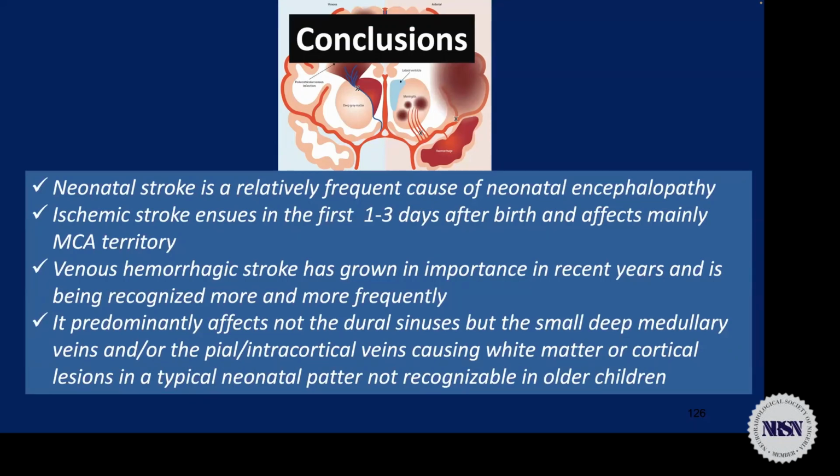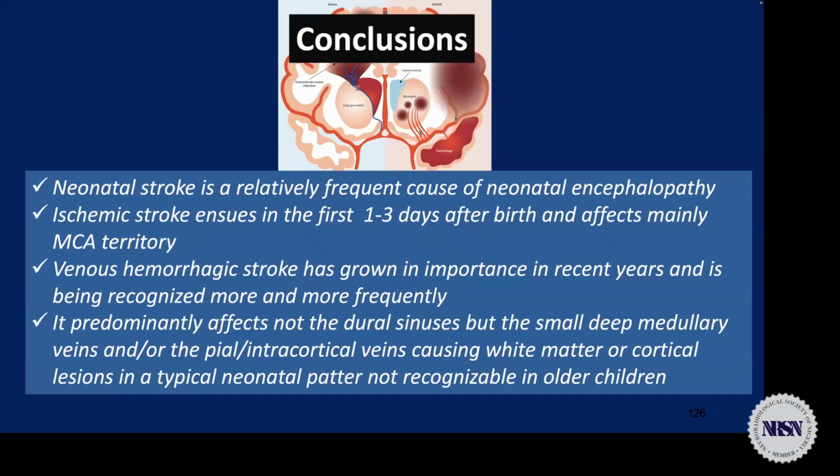Venous hemorrhagic stroke is very important, and until now its importance is not completely recognized. It predominantly affects not the dural sinuses as in the adult, but the small deep medullary veins or the small pial intracortical veins, causing either a profound lesion or the subpial hemorrhage with cortical lesion.